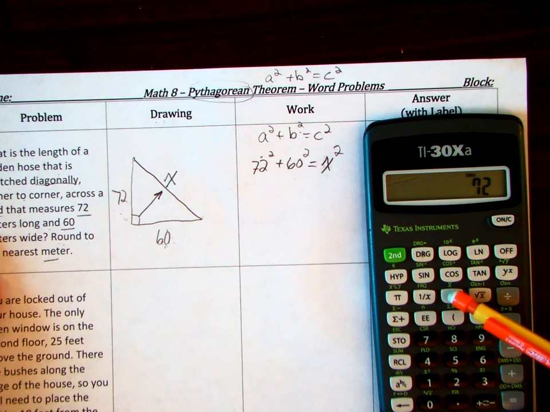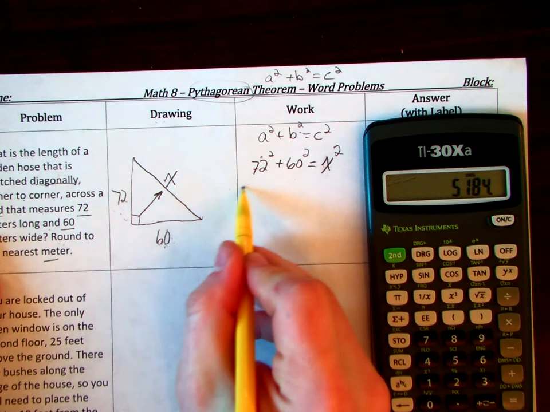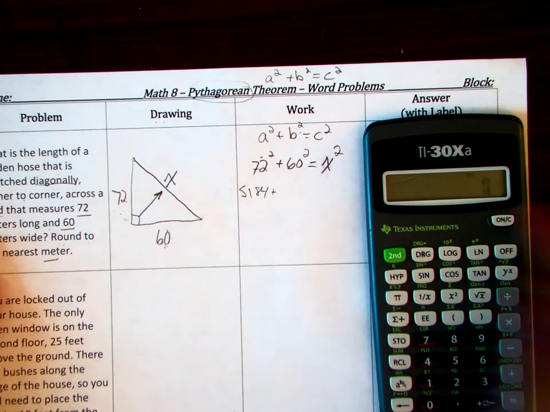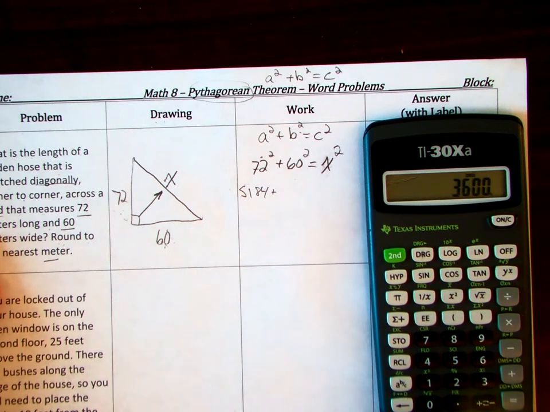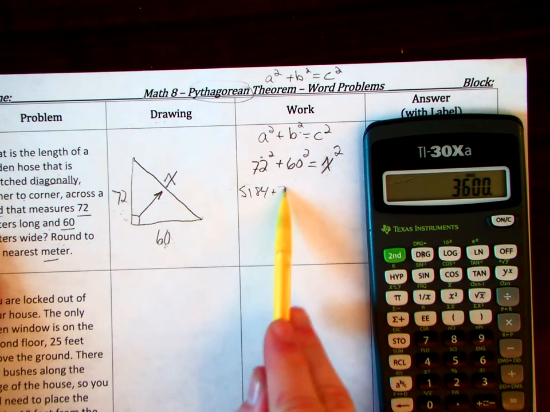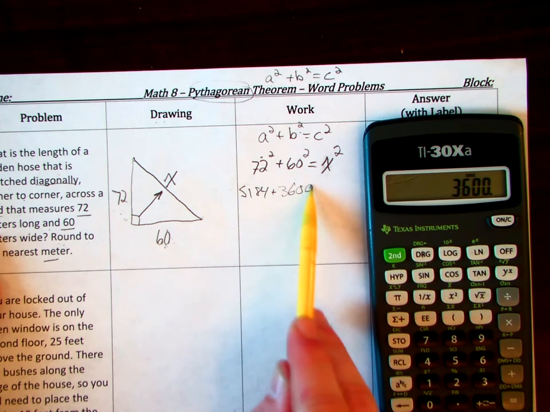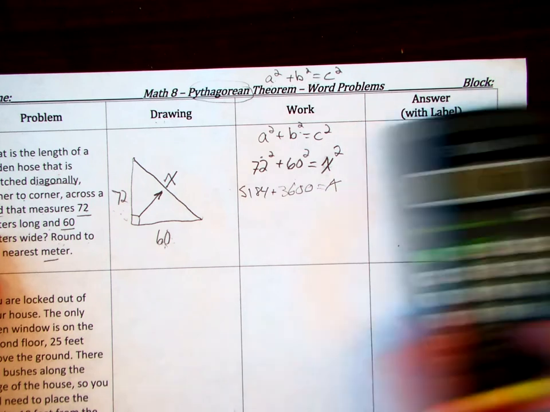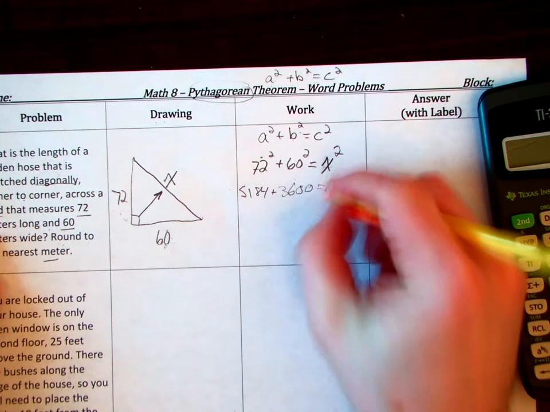So we're going to have 72 squared is going to be 5,184. That's going to be plus 60 squared is 3,600. And we have x squared as it just comes down.